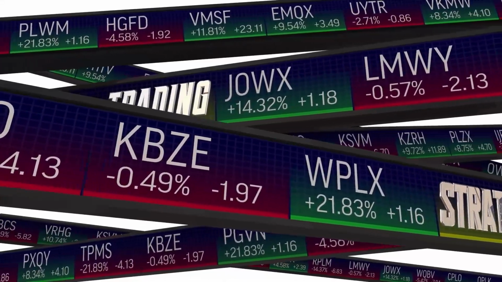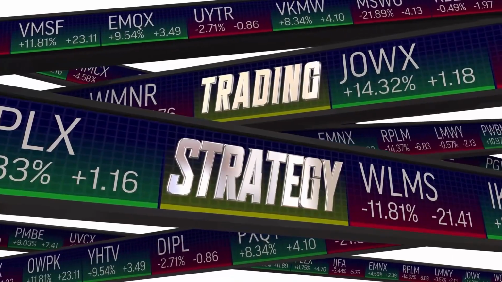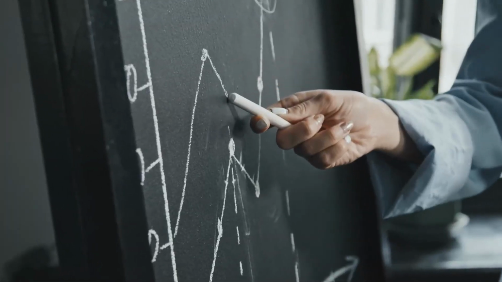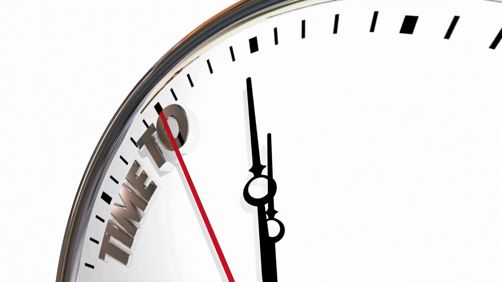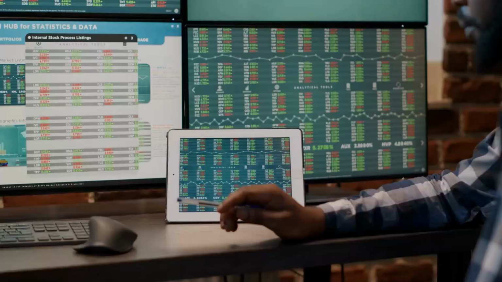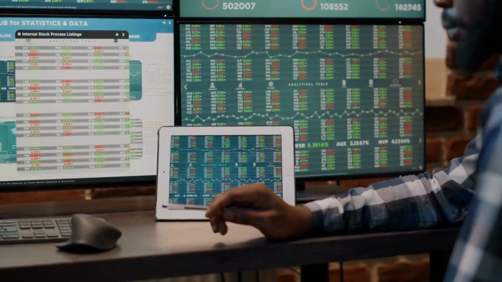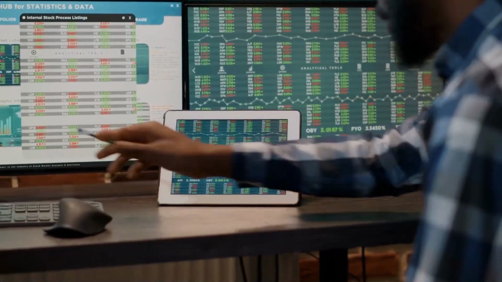Using different trading strategies involves diversifying your trades across different strategies, such as trend following, mean reversion, and breakout trading. By doing so, you can reduce your risk by avoiding over-reliance on any single strategy, and potentially increase your returns by capturing opportunities in different market conditions.